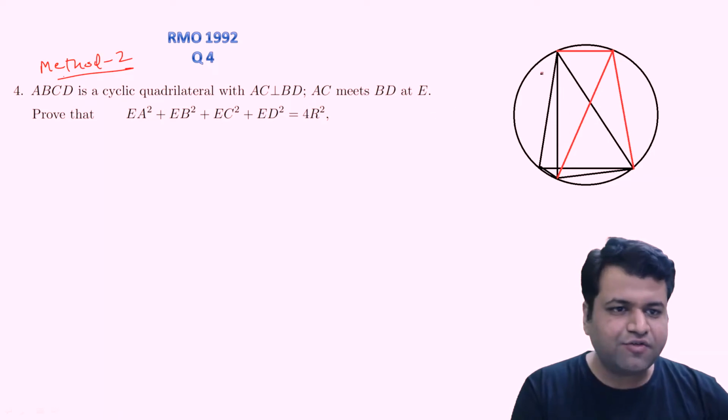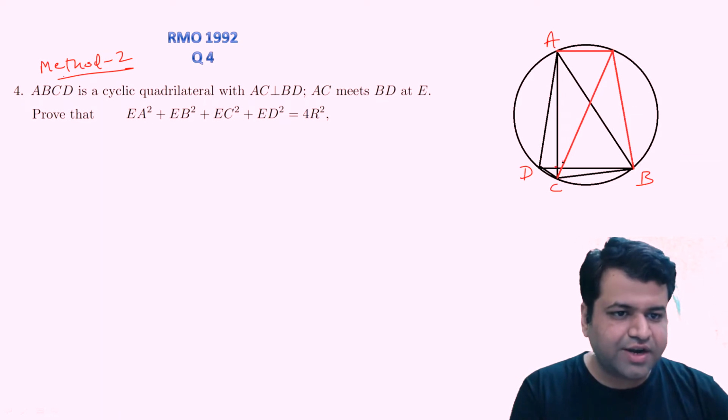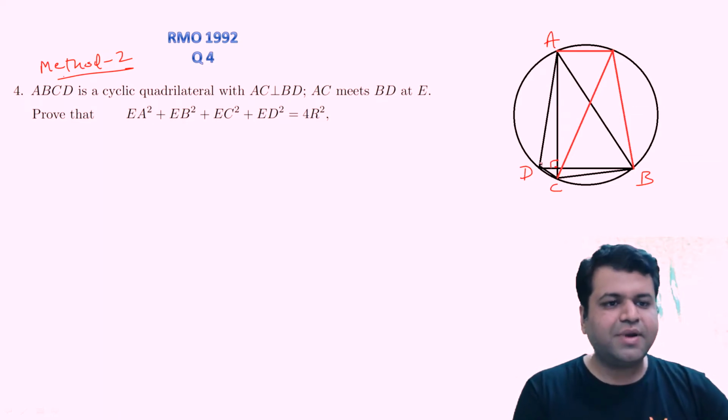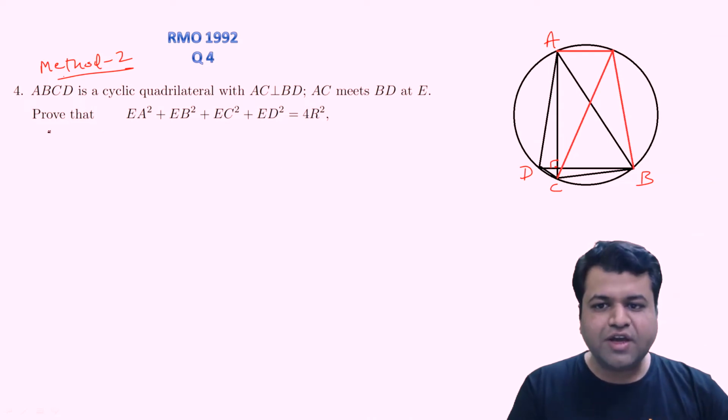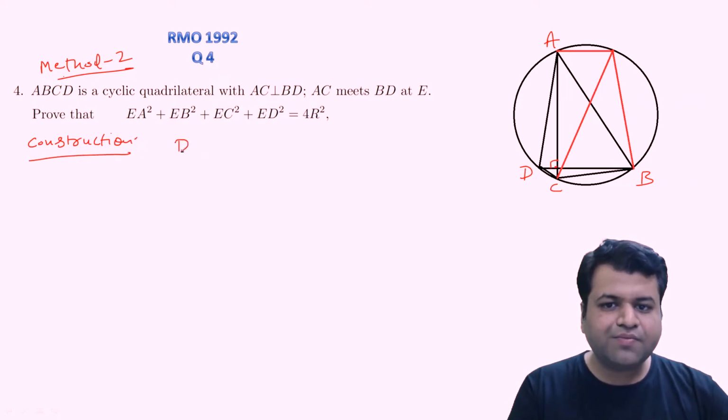So this is a very easy method. Let's say ABCD was our cyclic quadrilateral, and E was the point of intersection, and that was perpendicular, right? Now we make a construction. Let's draw AF parallel to BD, right?